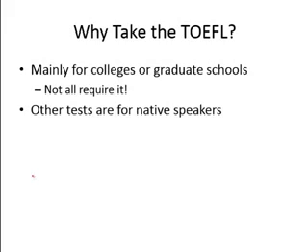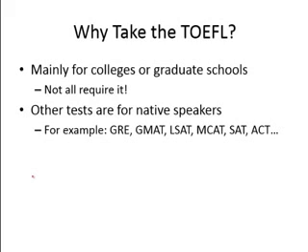Now, there are other tests for applying to American universities, especially. The GRE, GMAT, LSAT, MCAT, SAT, ACT, these are all tests that include verbal sections. These include reading and writing and other English sections, but they are not for foreign speakers. They are for native speakers of English. So these are actually very difficult.